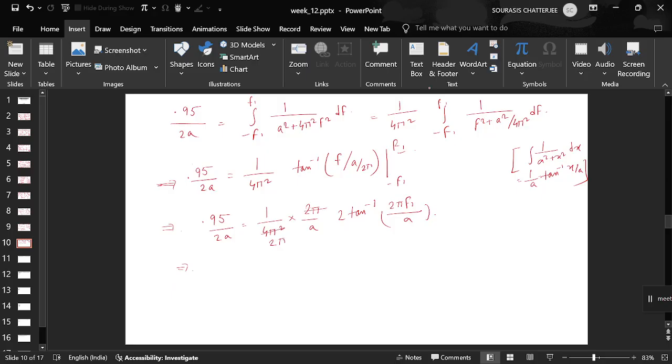So here we'll have 2 pi here, and then this here should not be. So it's 0.95, this 2 cancels out, 0.95 pi is equal to tan inverse of 2 pi f1 divided by a.